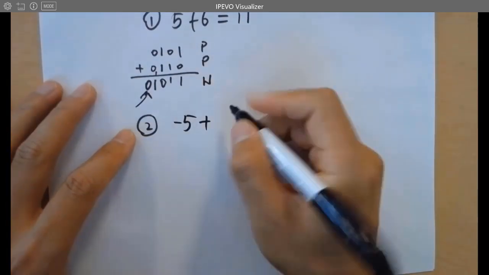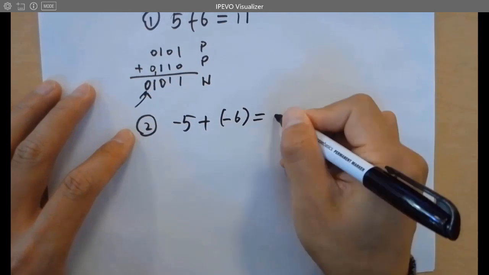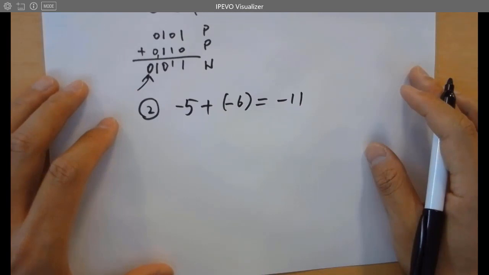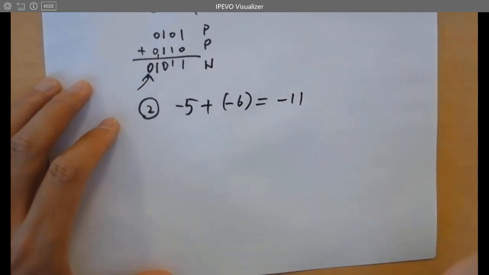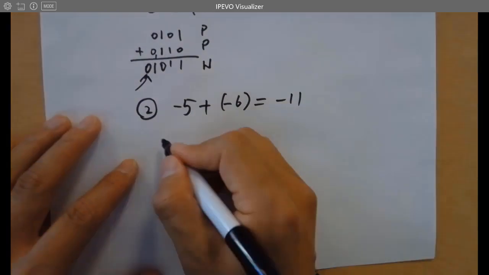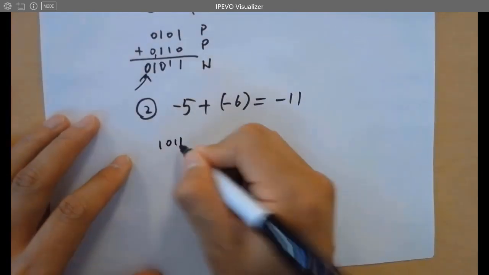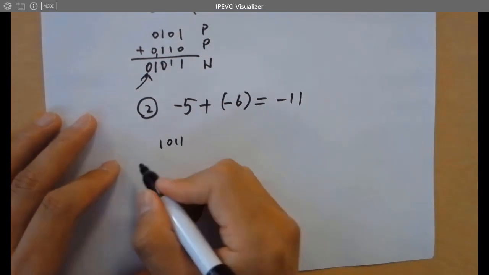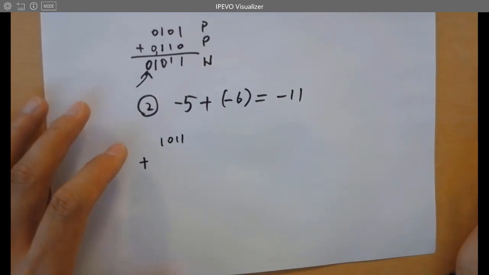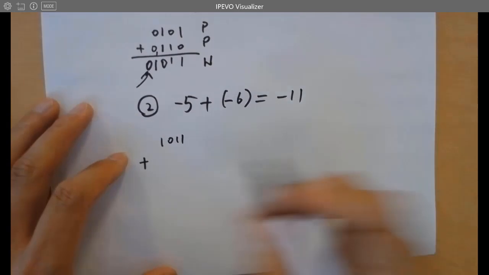-5 plus -6, which is -11. Right. What is -5? -5 is -8 plus 3. And -6 is -8 plus 2.